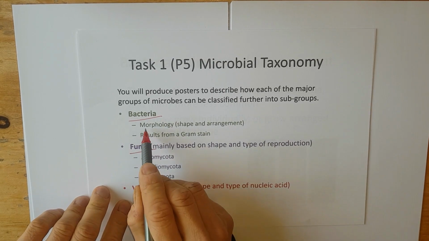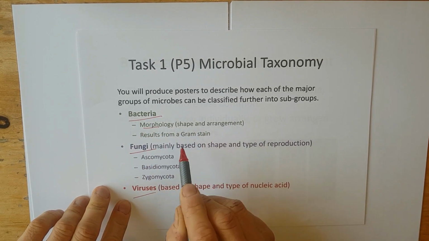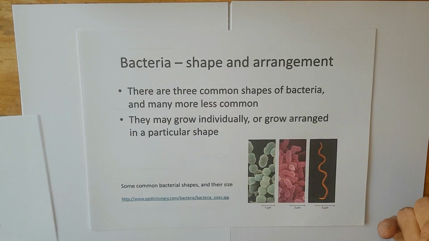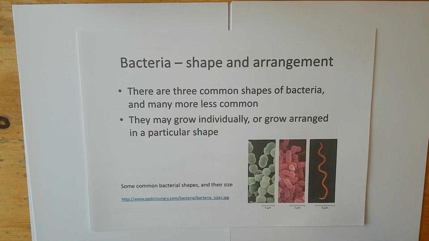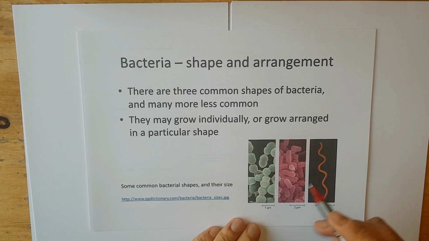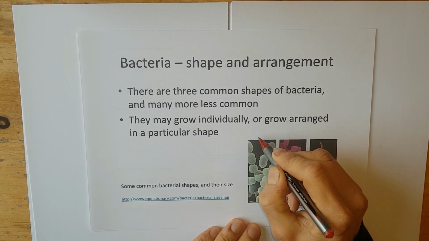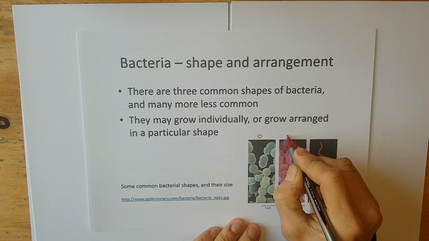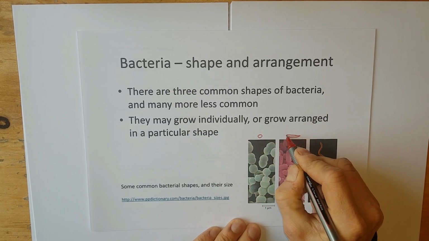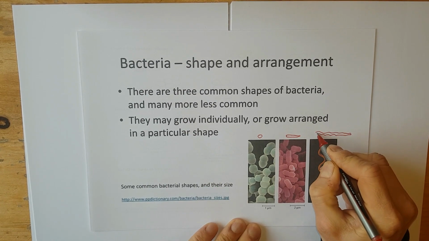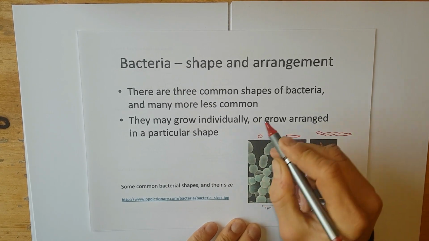You need to talk about morphology, which is shape and arrangement, and results from a gram stain. The shapes that you need: these ones which are kind of round, these ones which are kind of rod shaped, and these ones that are kind of in a spiral wiggly shape.